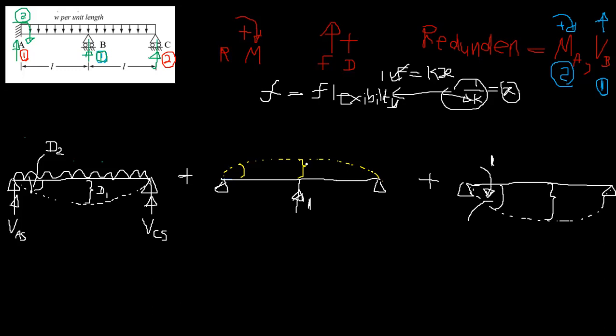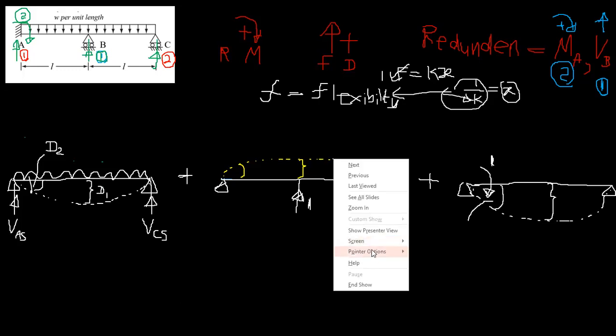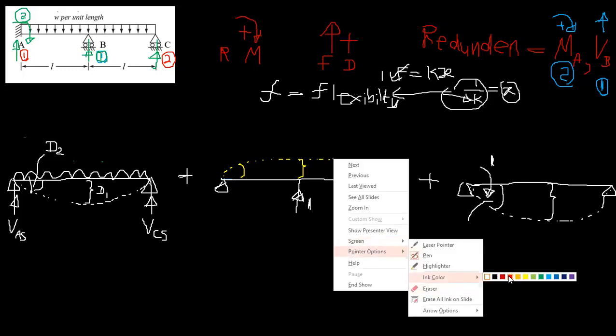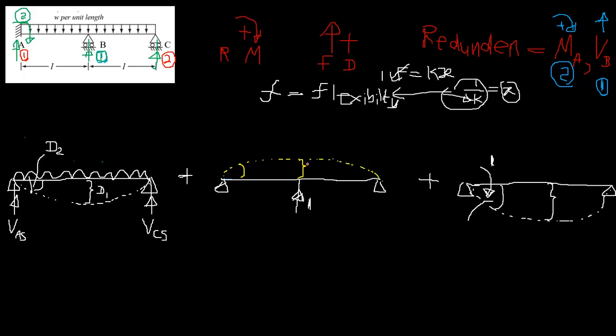So we use this notation, let's call this F11. So this notation system means the deflection at first redundant coordinate due to the unit redundant at first coordinate, right? So this is F21.